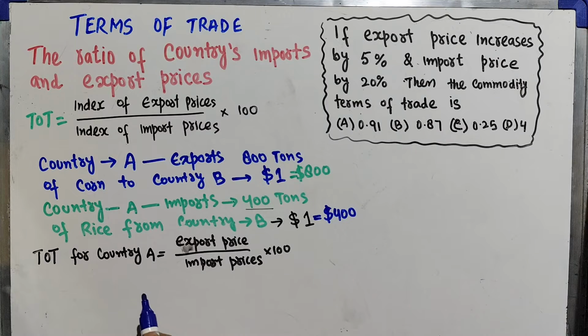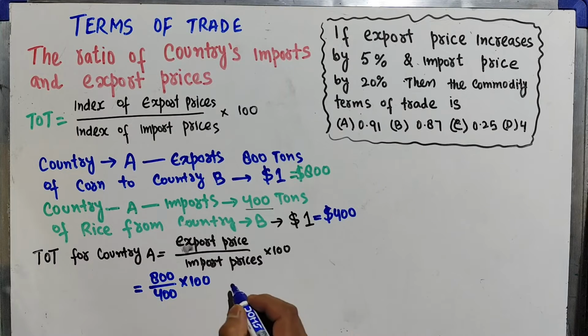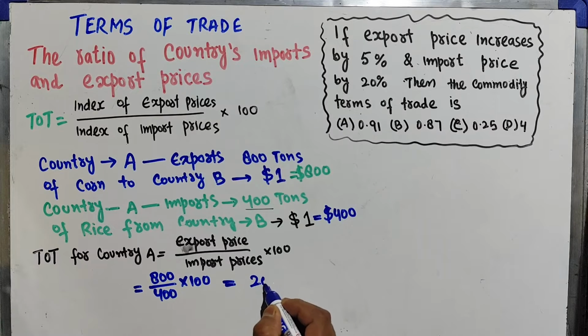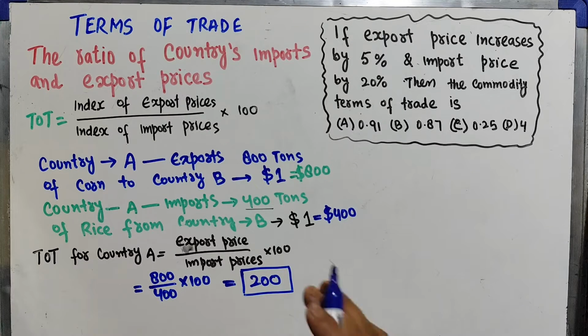Then the terms of trade for country A is $800 upon 400 into 100. 8 divided by 4 is 2, into 100 is 200. So the terms of trade for this country is 200.